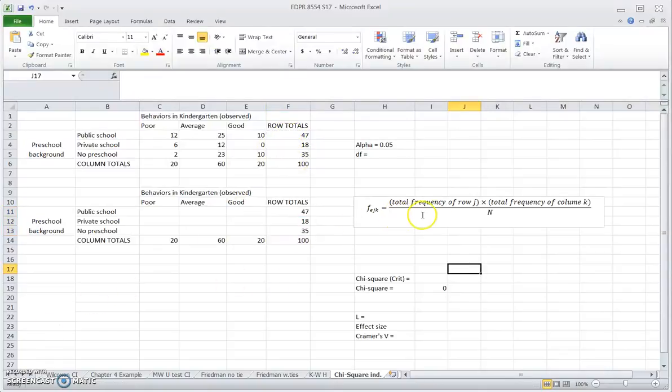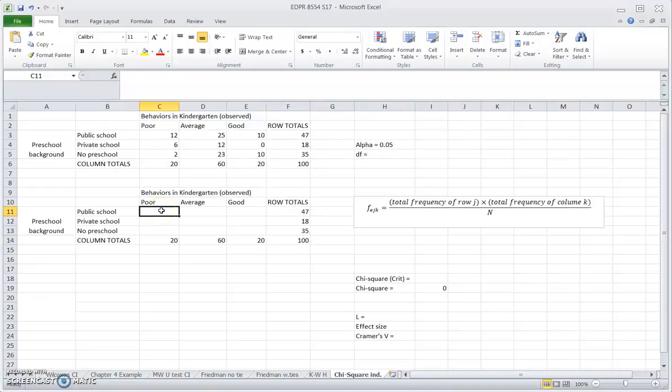So this is the formula for calculating the expected frequencies. The formula says you use the total frequency of the row times the total frequency of the column divided by the total sample size.